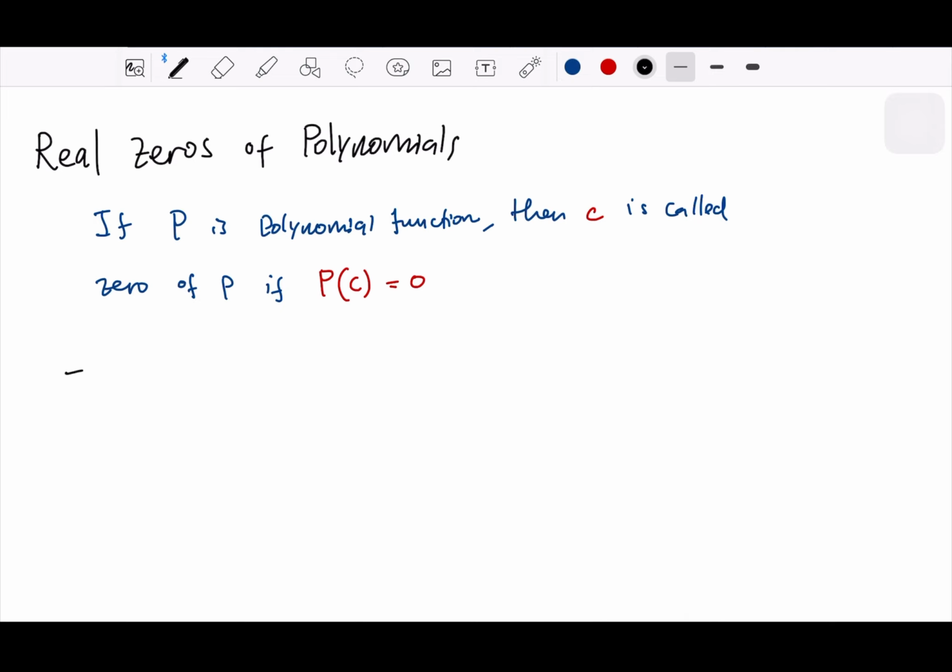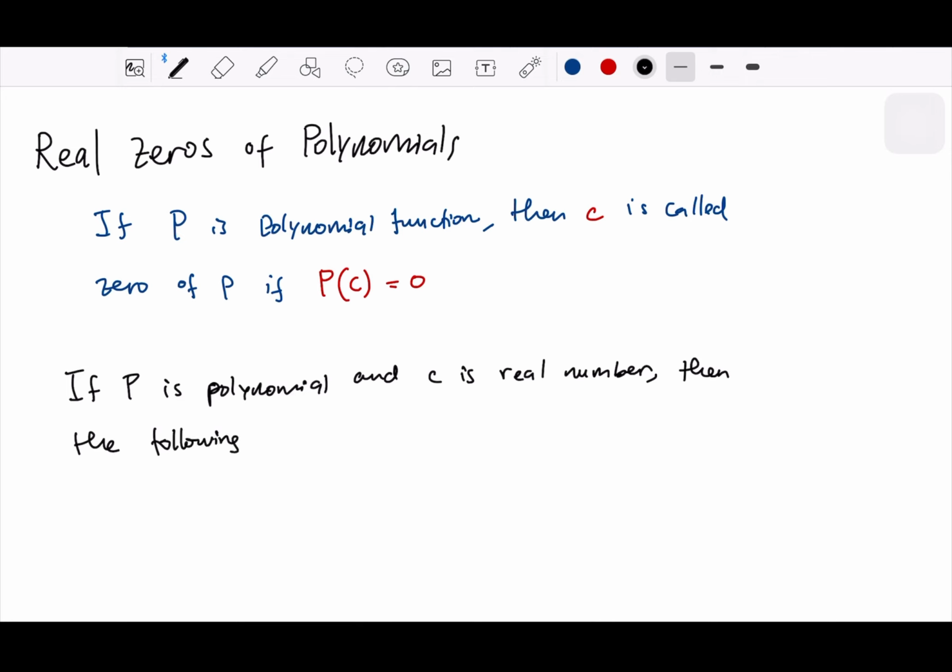So let me write, if P is a polynomial, this is a theorem, and C is a real number, then the following are equivalent.